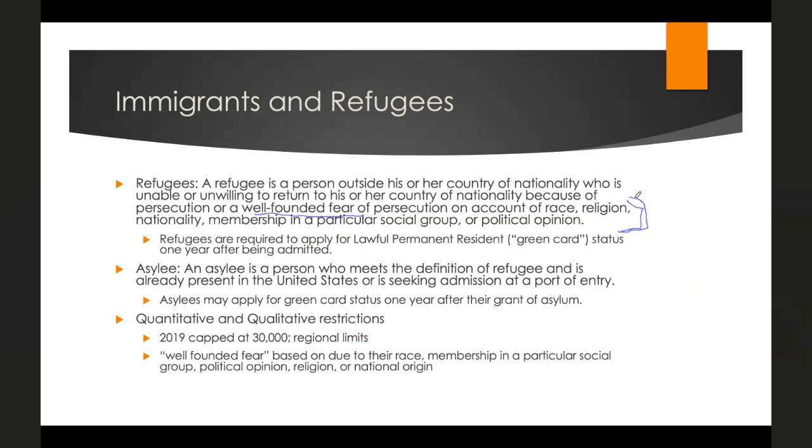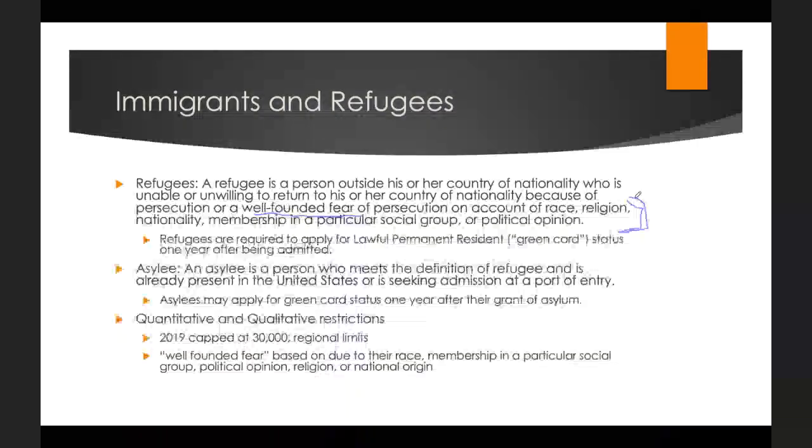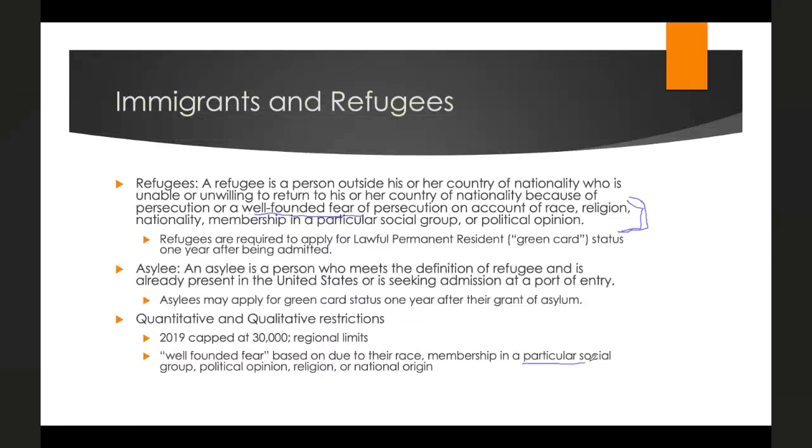There are also regional limits; different regions have different specific limits on refugee admissions. But the qualitative restrictions here are also of note. This idea of a well-founded fear based on race, membership in a particular social group, political opinion, religion, or national origin came under scrutiny in previous years as the Trump administration, then Attorney General Jeff Sessions, basically argued that gender did not count as a particular social group, and that this created an enforcement immigration policy in which fear of sexual abuse did not count as a well-founded fear for refugees and asylum seekers.